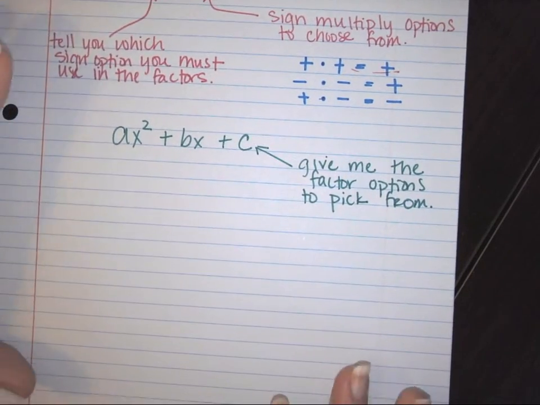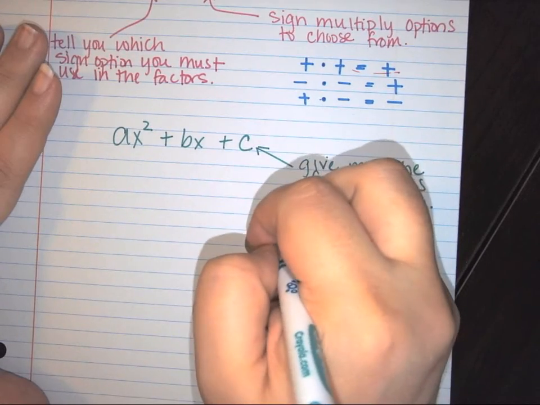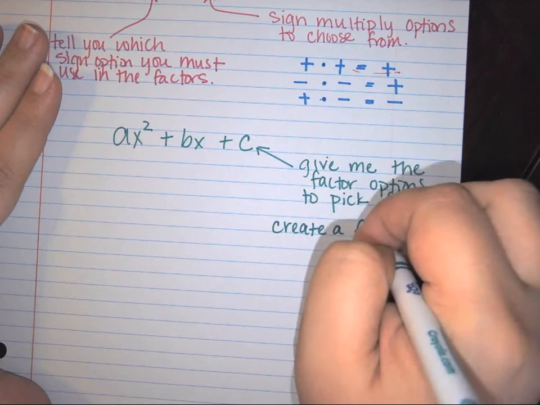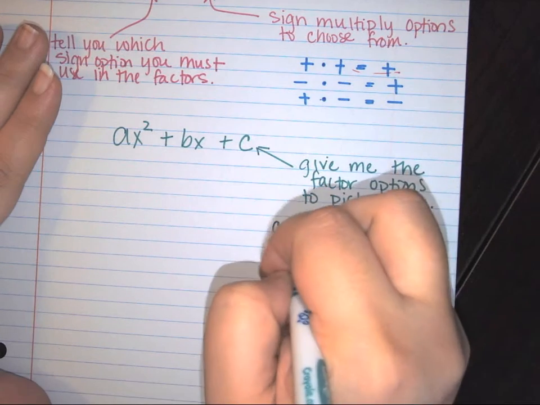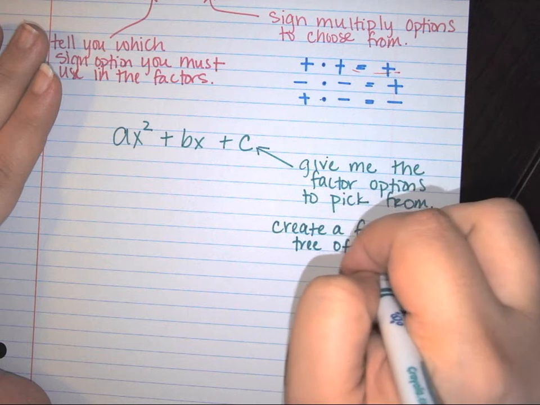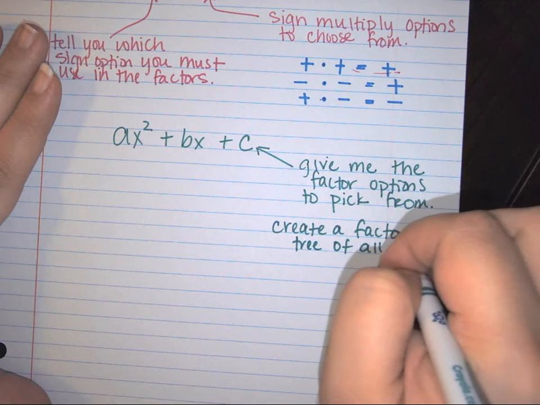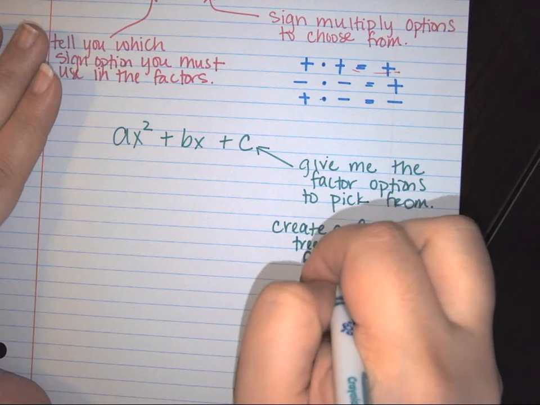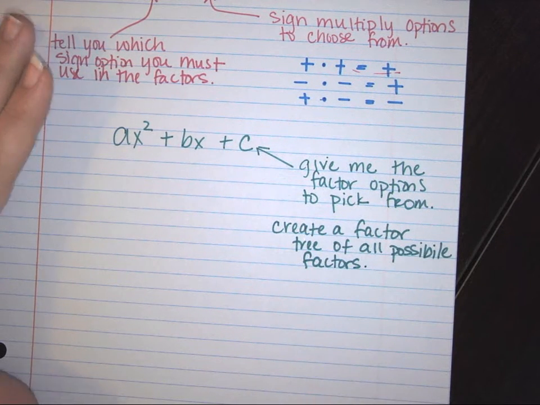What this means is that you want to create a factor tree of all possibilities. Okay.